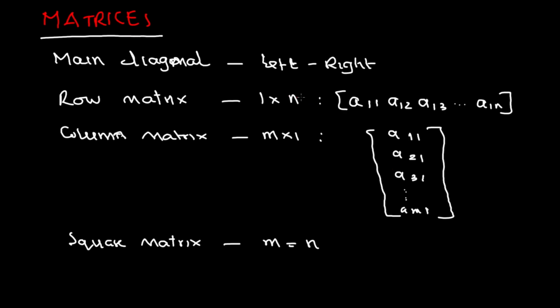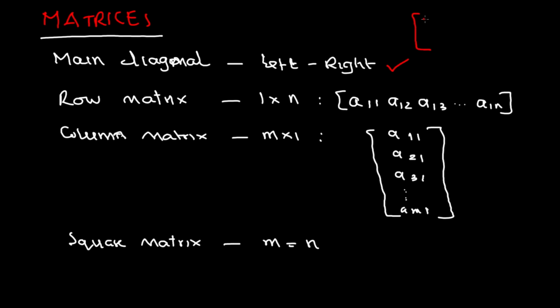Okay, so there are other things that we still need to master before we can do the algebra on matrices. So we need to be able to recognize the main diagonal. The main diagonal of a matrix moves from left to right, and it descends.